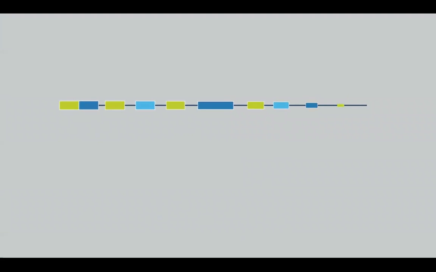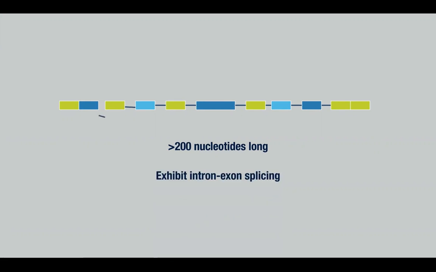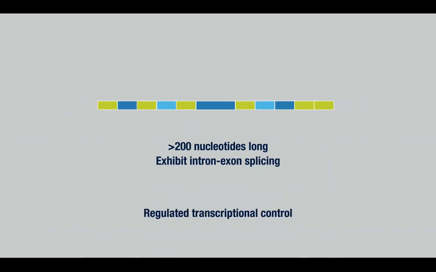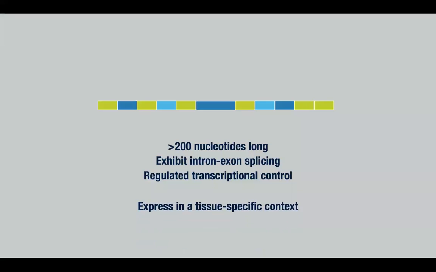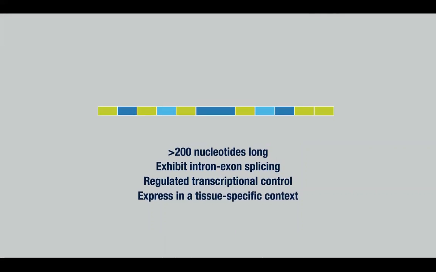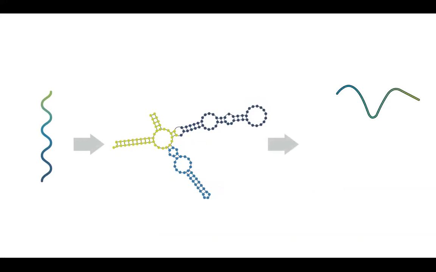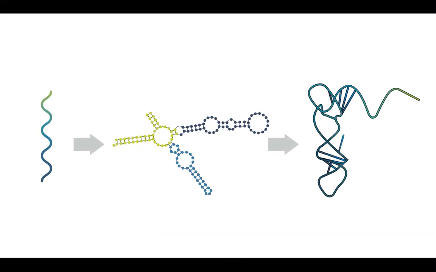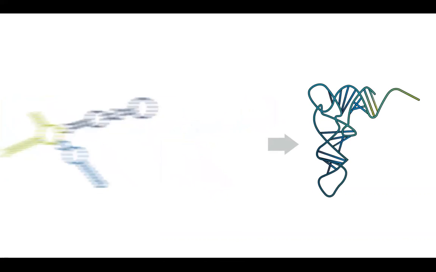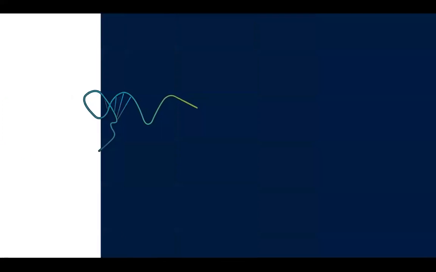But what defines long non-coding RNAs? lncRNAs are classified as transcripts over 200 nucleotides in length and share many traits with their protein-coding mRNA cousins, such as exhibiting intron-exon splicing, regulated transcriptional control, and being expressed in a tissue-specific context. lncRNAs, however, exhibit some unique attributes as well. Because the RNA molecule is functional and its structure will often dictate function, the secondary and tertiary structures of lncRNAs help determine their role.